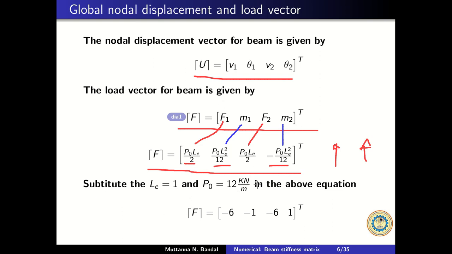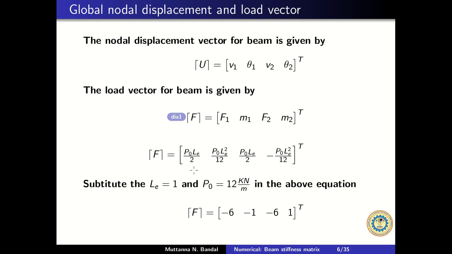Now I have to calculate this load vector. That load vector can be calculated by substituting L and P. So P naught is 12, L is 1, so it becomes 12 into 1 divided by 2. That is equal to 6. Since P naught is acting in a downward direction, I will give it as a minus. So it is minus 6.